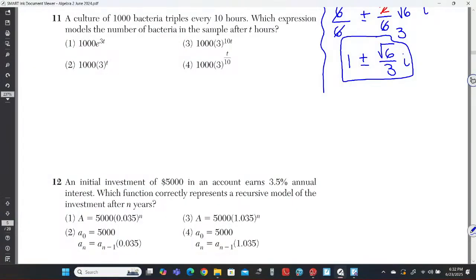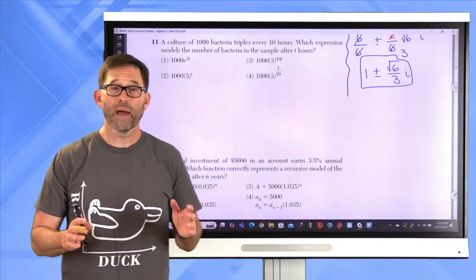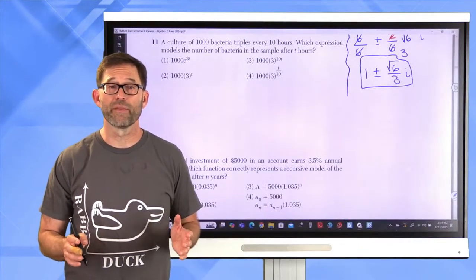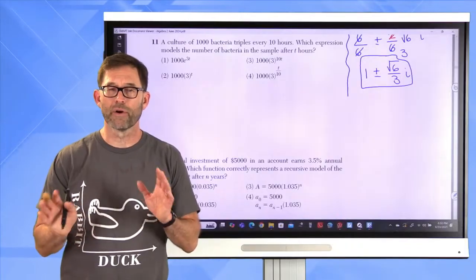A culture of 1,000 bacteria triples every 10 hours. Which expression models the number of bacteria in the sample after t hours? Okay, so what I like to tell people on a problem like this is to start by being very basic, right?